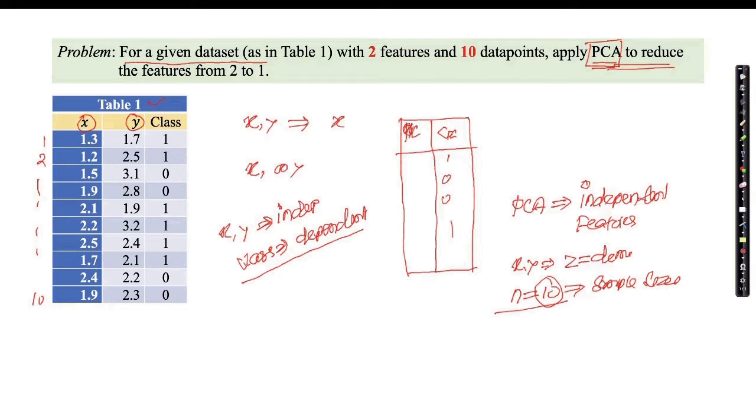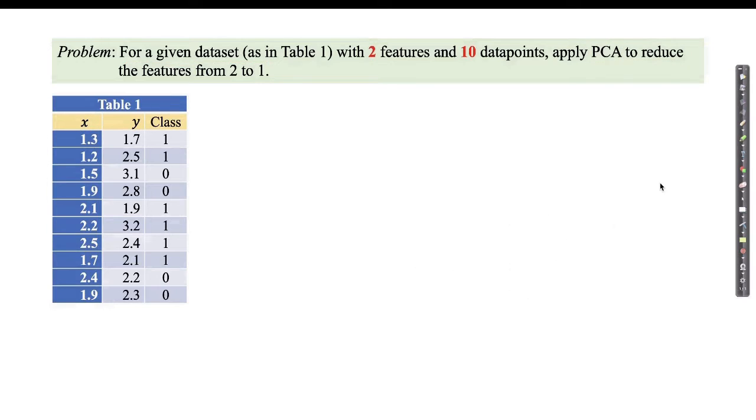Based on the given facts, with two independent features and n equals 10, which is the size of the sample, we are supposed to apply the principal component analysis technique so that we can reduce the dimensionality of the given data set from 2 to 1. The process of dimensionality reduction using PCA is centered around the covariance matrix, formed by finding the covariance between every pair of independent features.